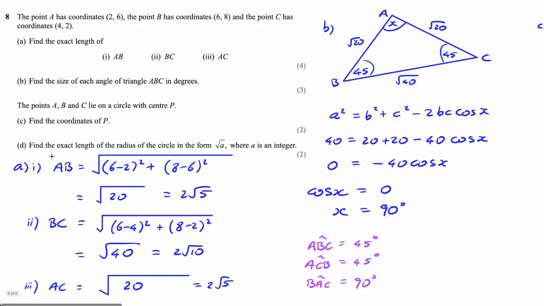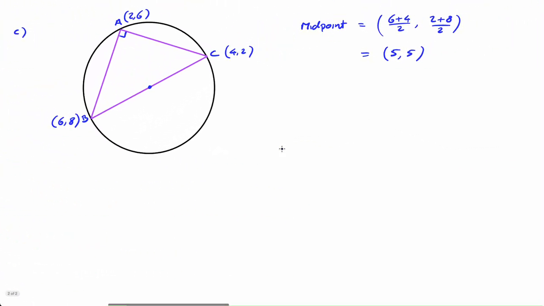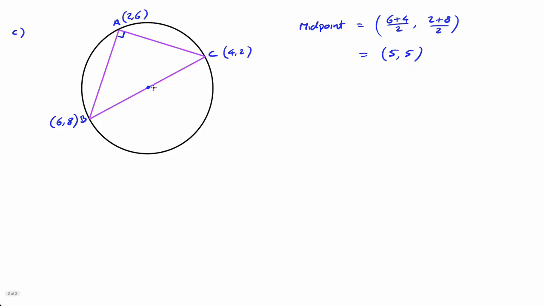Okay, part D. Find the exact length of the radius of the circle in the form root A. Okay, well, actually, that's not too bad now because we're just getting the distance between 2 points. So this is 5, 5.